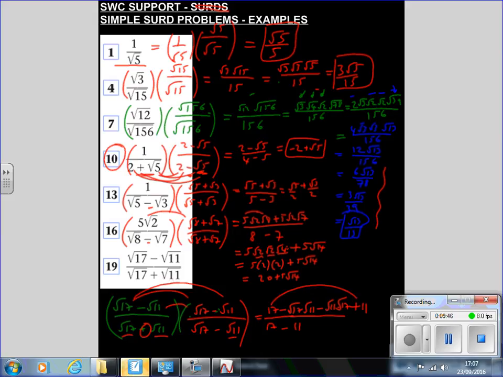So 17 plus 11 is 28. Actually as said, we've got minus 2 lots of root 17 root 11 all over 6. And we could start working that out from there. I can't really see because the sun's all over the board.